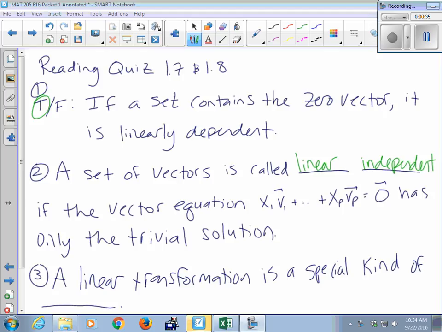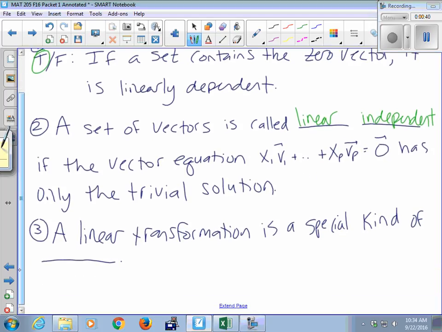And a linear transformation is a special kind of what? Anybody read 1.8? I adapted it from your question.